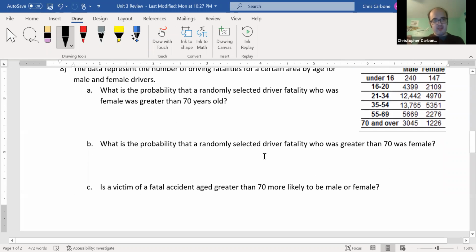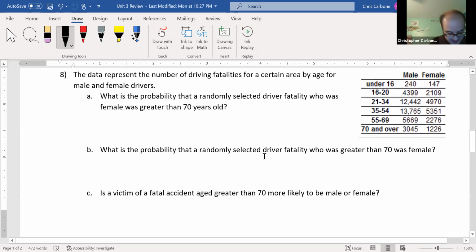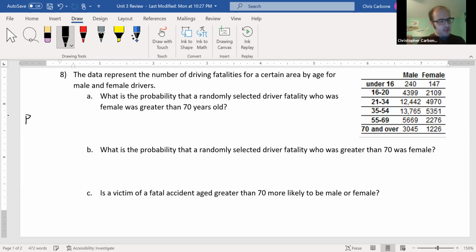And then finally, for the last part of this first part of this review, I have question number 8. The data in this table represents the number of driving fatalities for a certain area by age, for male and female drivers. We want the probability that a randomly selected driver fatality who was female was greater than 70 years old. So this would be the probability of being female that's greater than 70.